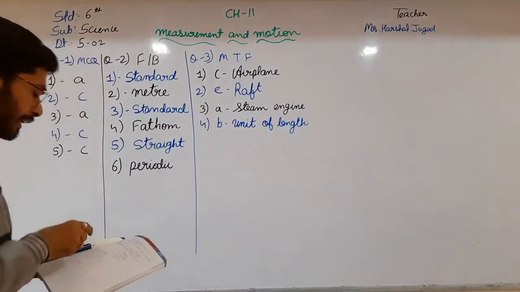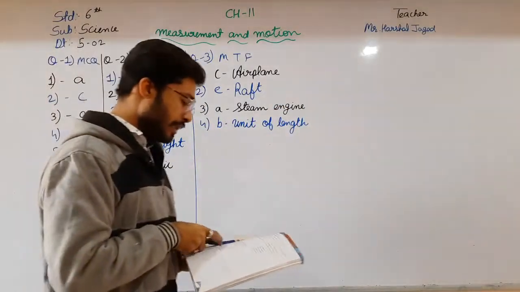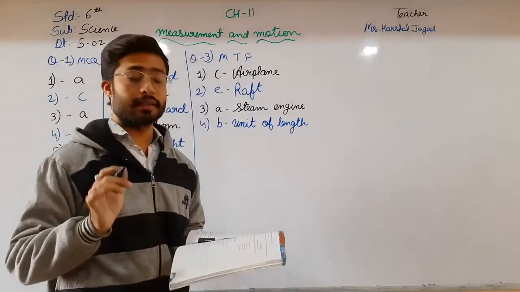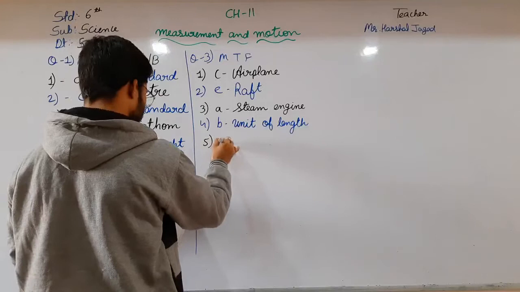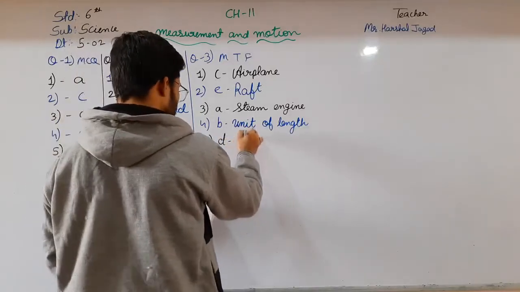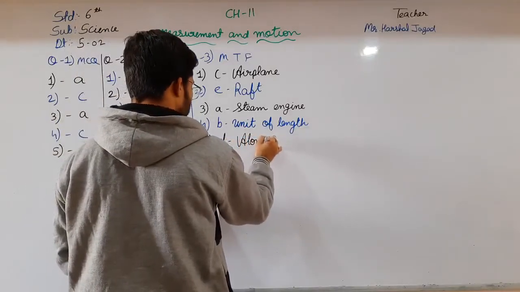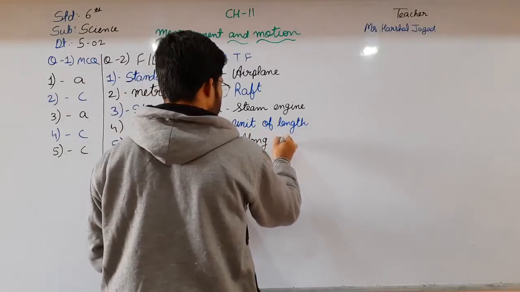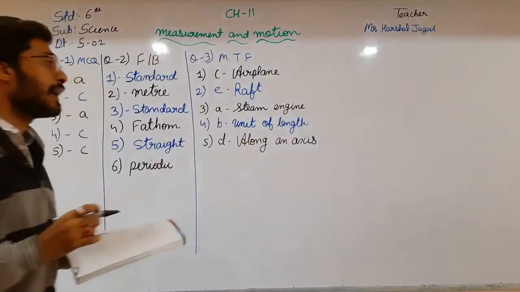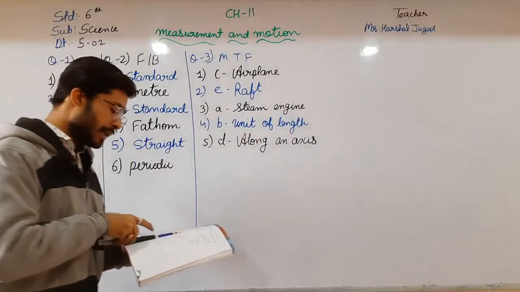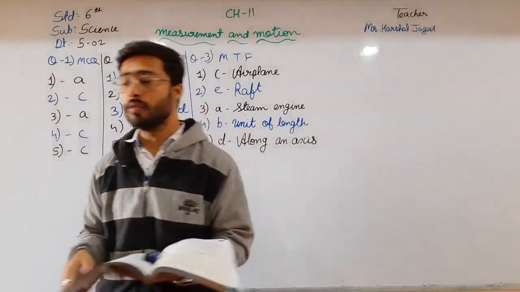Fifth one, that is rotation, the last one, that is D, along an axis. Okay, so please write down this answer, then we will move further.